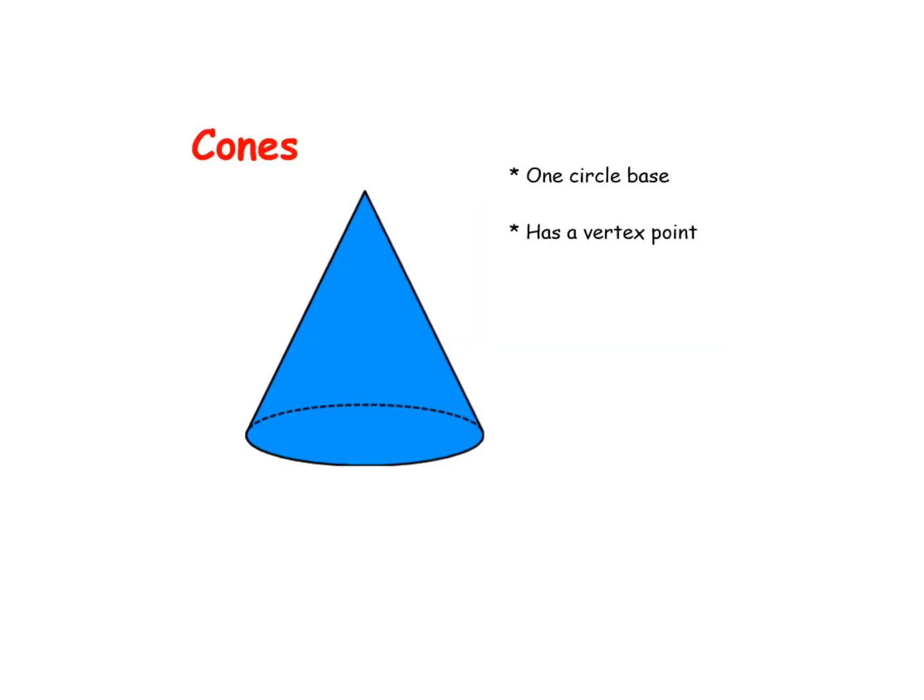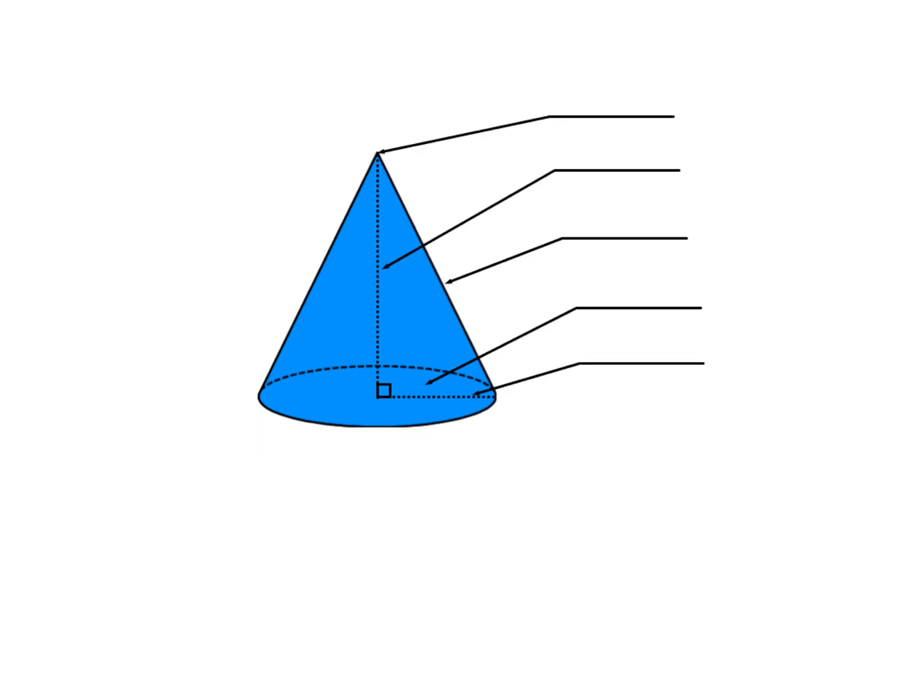The next shape is a cone. Okay, so a cone only has one base now, and it is always going to be a circle. And instead of a second base, it all comes to a point called the vertex point. So we just talked about this. This has to be my vertex. That point is the vertex. The dotted line down the middle, that is the height or the altitude of the cone.